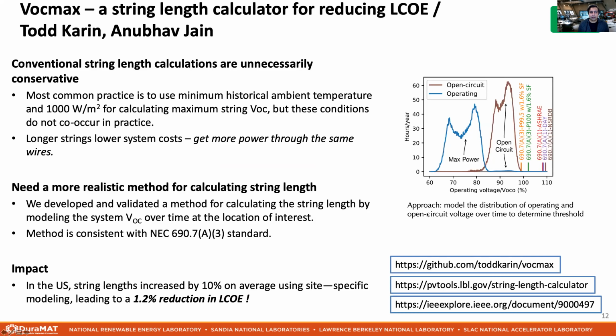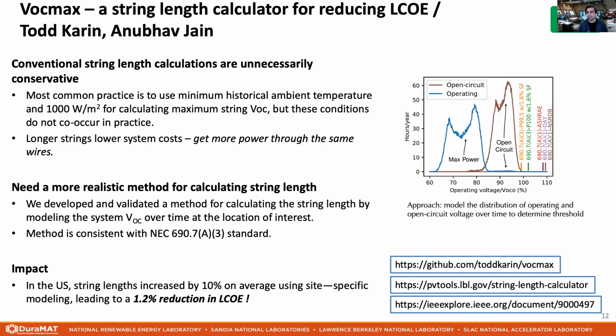And finally, I'll highlight a code base we're developing called VOC Max. This is a string length calculator being led by Todd Karen at Berkeley Lab. And the idea here is that we had some thoughts that conventional string length calculations are unnecessarily conservative. You could probably fit more modules in a string without necessarily going too high in voltage.